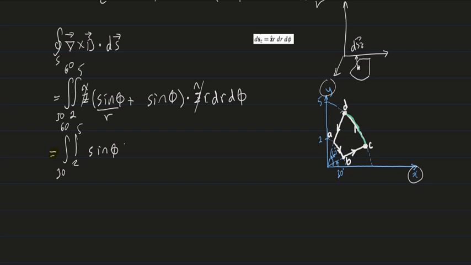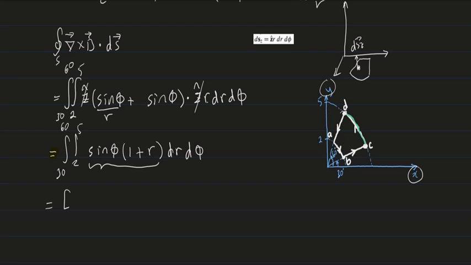Sine phi multiplied by 1 plus r, dr d phi. So now, since they are multiplied, this function is a multiple of two functions, one of them a function of phi only and the other a function of r only, I'm allowed to integrate each one of them separately and then multiply the results by each other.